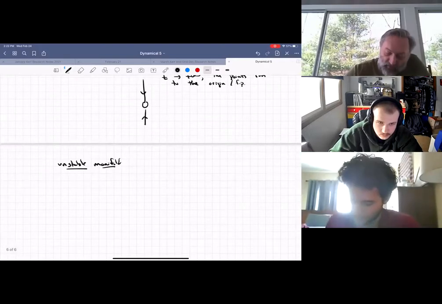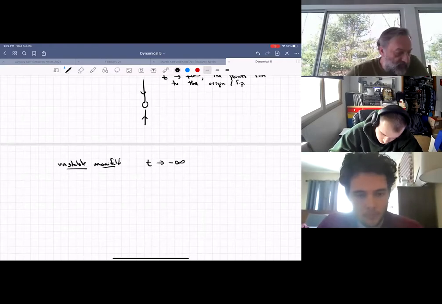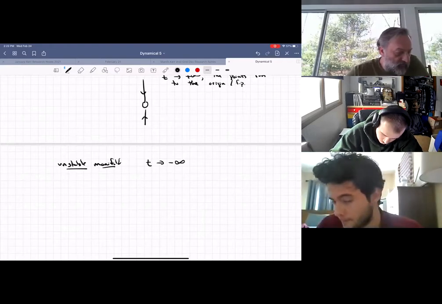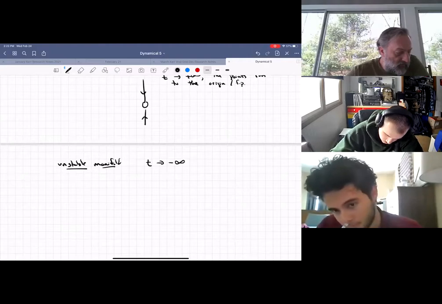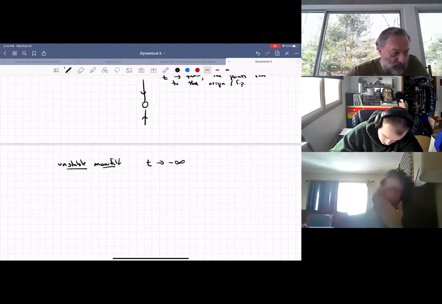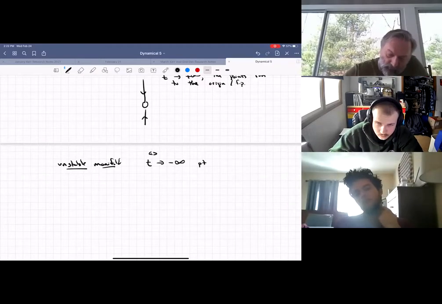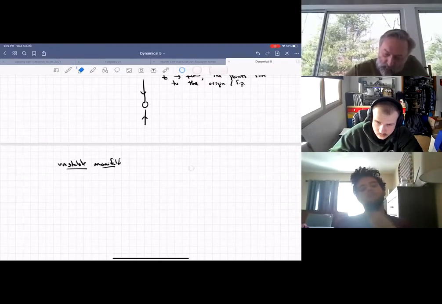The unstable manifold is defined as t goes to minus infinity.